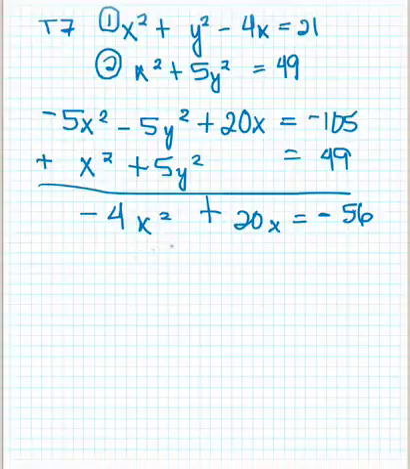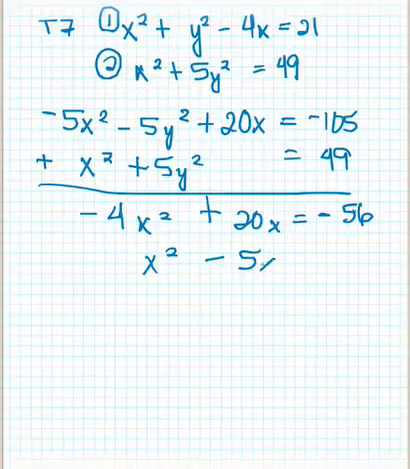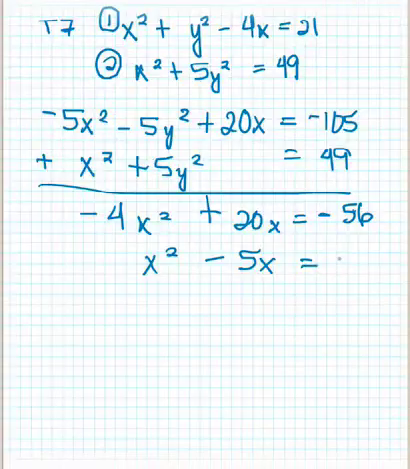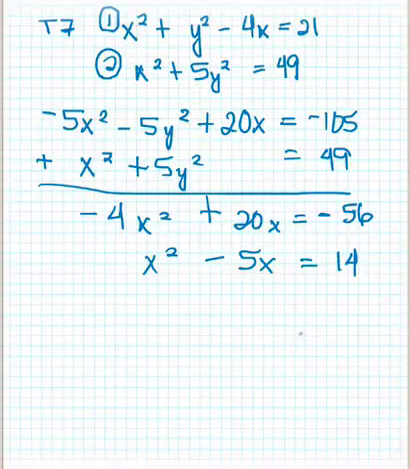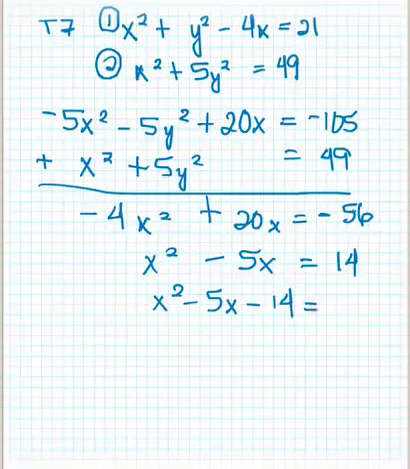And then I think I could divide a 4 out of everything. So I'm going to get x squared minus 5x when you divide by a -4, right? Divide -4 out. And that's going to equal 14. So then I'm going to get x squared minus 5x minus 14 equals 0.